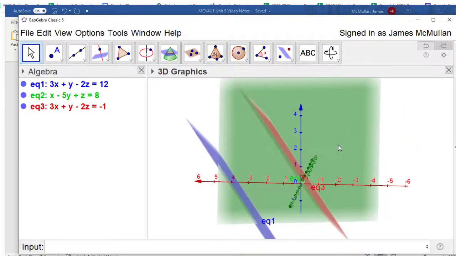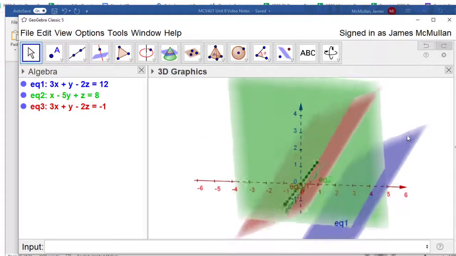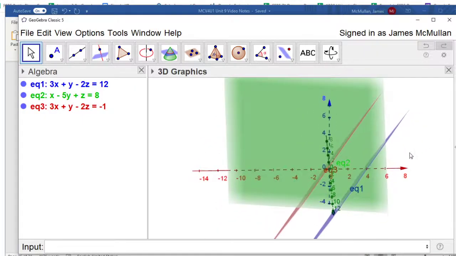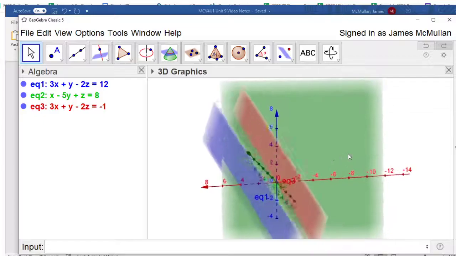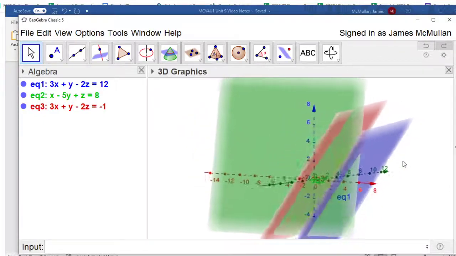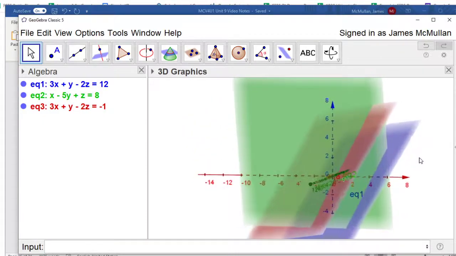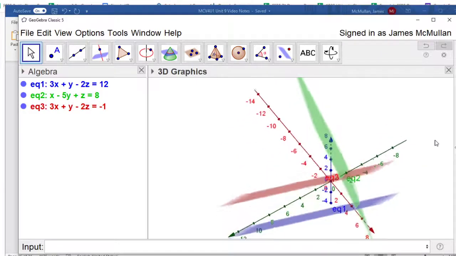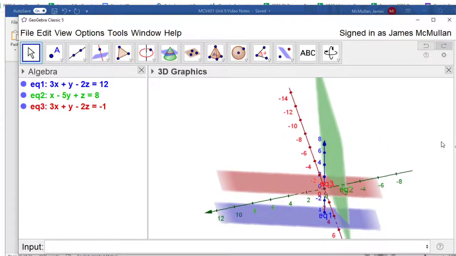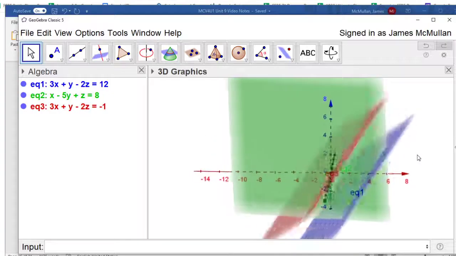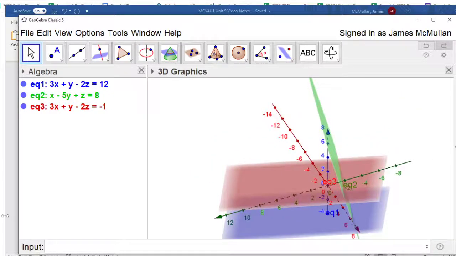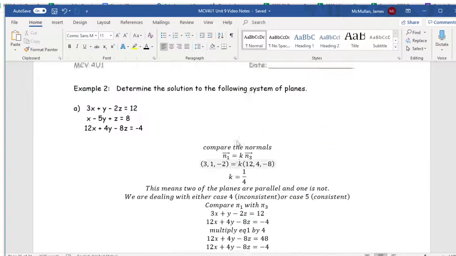So you see blue and red will never cross. Green crosses each of them, but in different spots. And so what you're looking at there is an example of case number 4. Two planes are parallel, but those two planes are distinct, and therefore you do not have any intersection. So what we did was right.